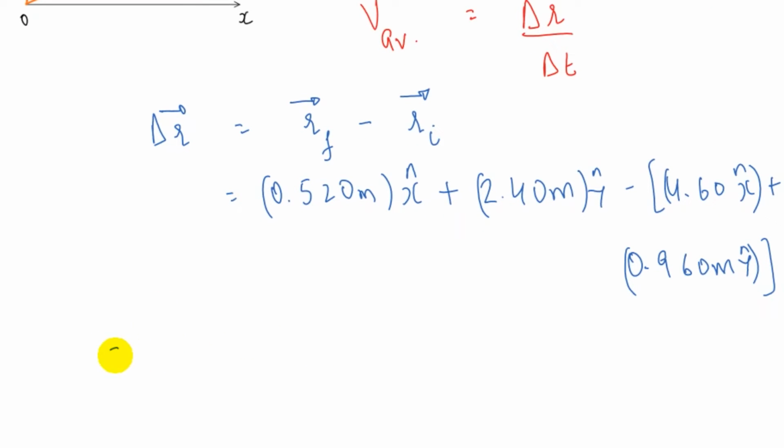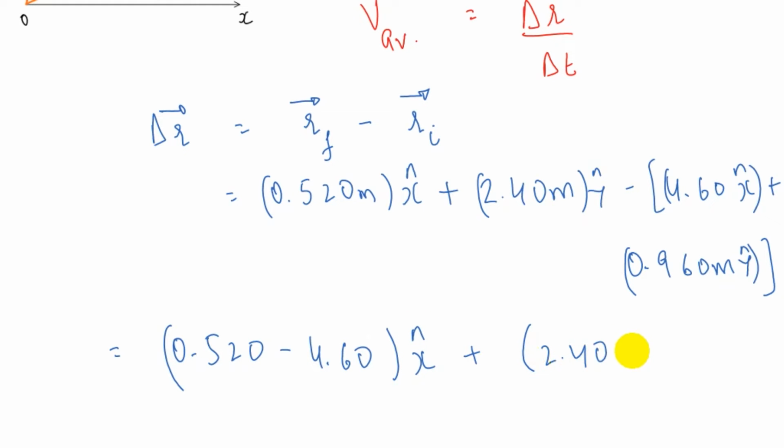So this we can write 0.520. This is the x component for Rf minus the x component for Ri is this value, 4.60, x cap, plus this is 2.40 minus 0.960, and this is y cap.